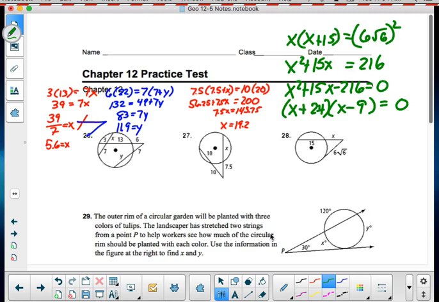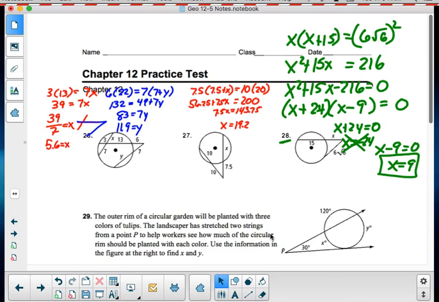This has got to be plus, that's got to be minus. Now, I've got to use zero product rule. X plus 24 is equal to 0, or X minus 9 is equal to 0. I know X is equal to 9, and I know here X is equal to negative 24. This is extraneous, so X is equal to 9 is my answer. So my value here for 28 is X equals 9.